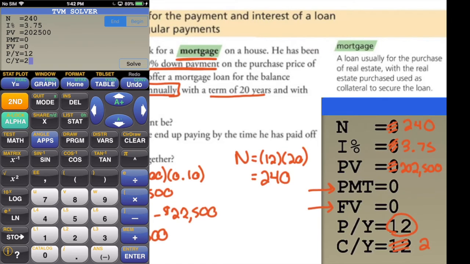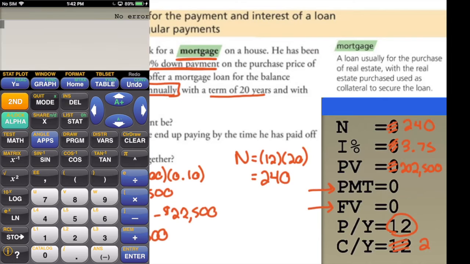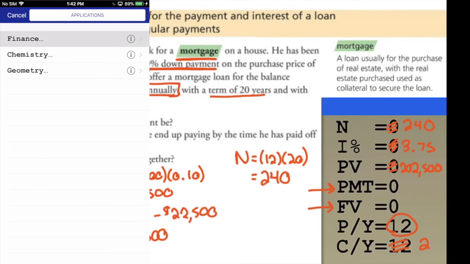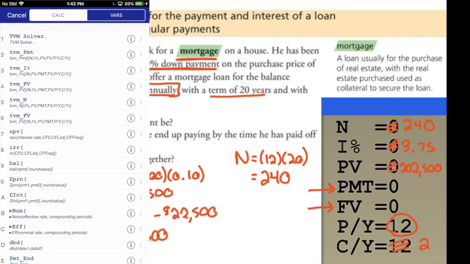Press second mode to quit out. Go back to the apps, go back to finance, and we are trying to find how much each payment will be. That is option 2 on my screen, TVM PMT.